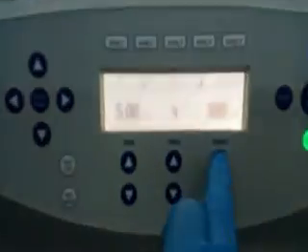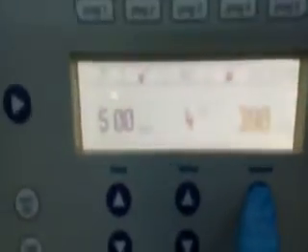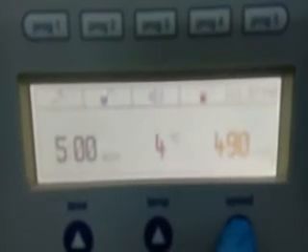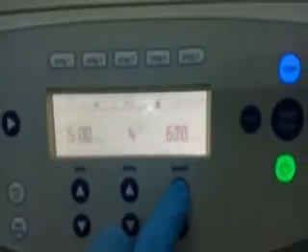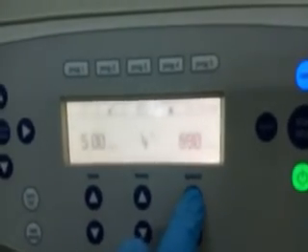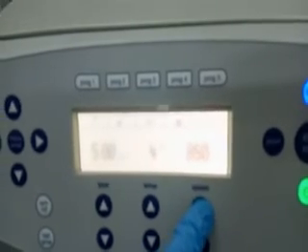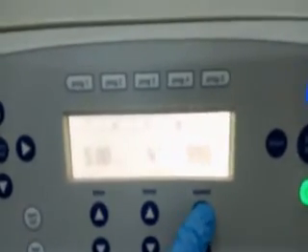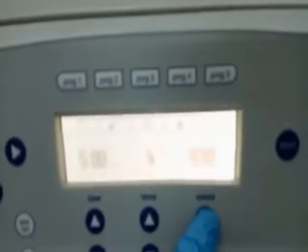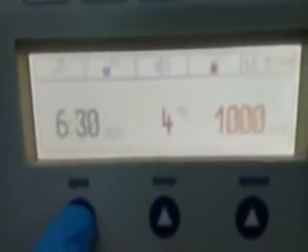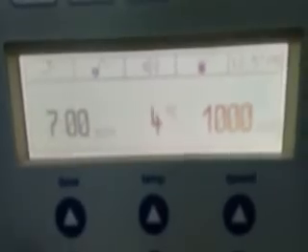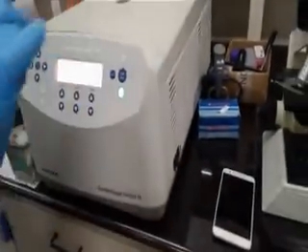We will set it at 1000 G. This is 1000. Okay, time we just have to increase it to 7 minutes. Okay, temperature is okay. We will start it again.